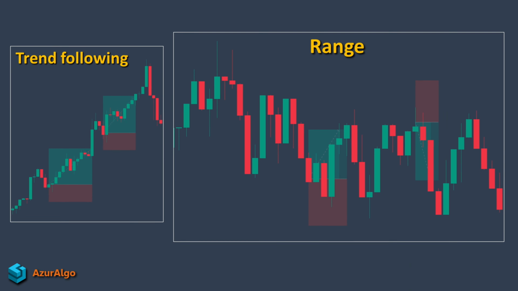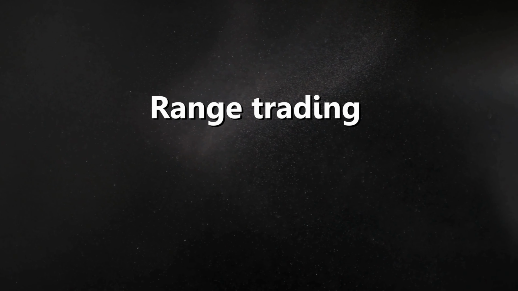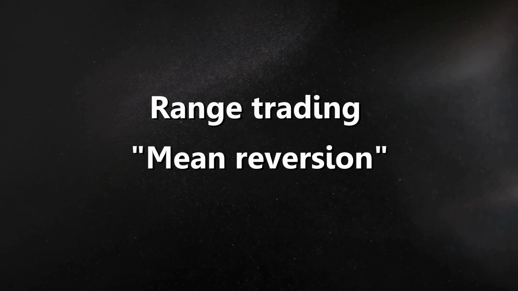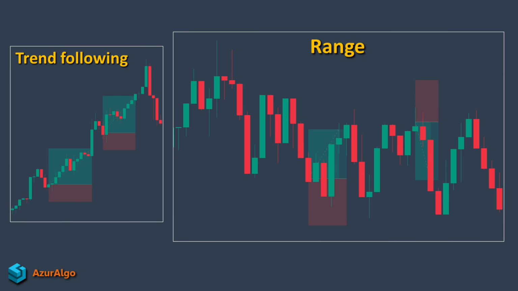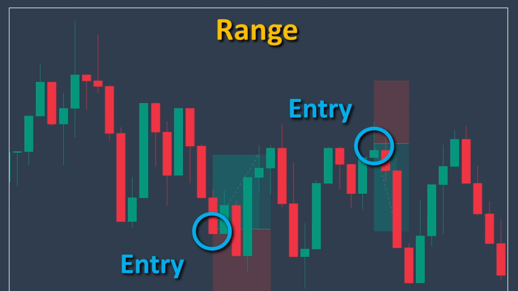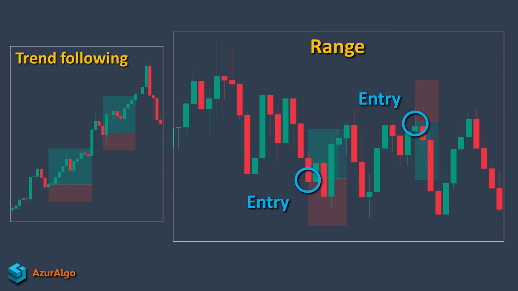The second type of strategy is range trading, also known as mean reversion. With this approach, traders typically look to enter positions near the extremes of a consolidation phase, aiming for a price reversal back into the range, or even to the opposite side of it.